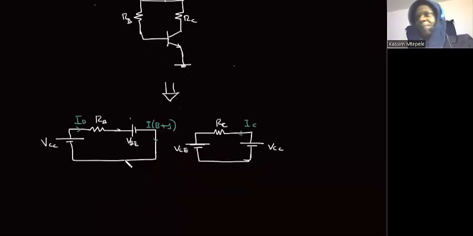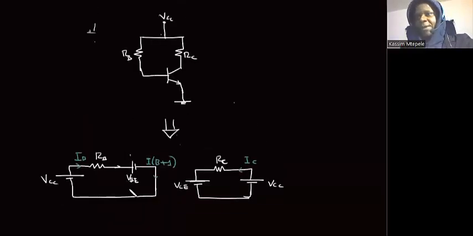Okay, so we can have the following two circuits. This one will be representing the input signals, and this one will be representing the output signal.